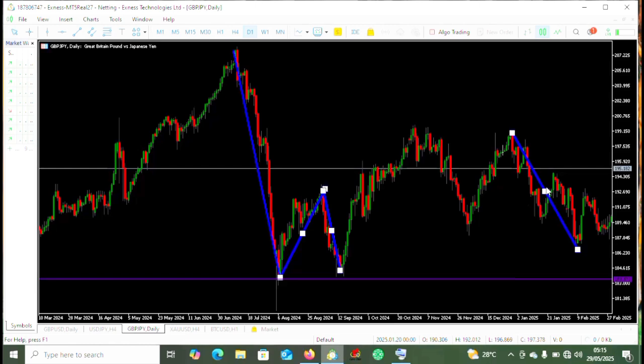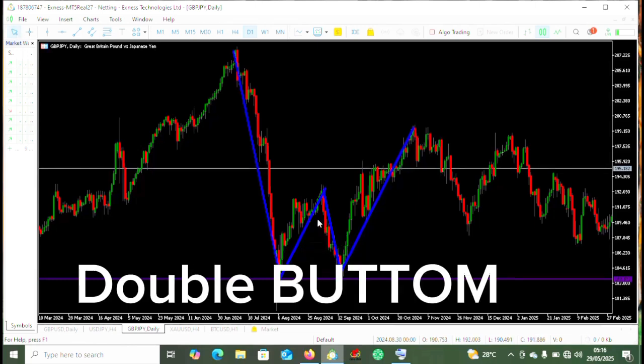So start spotting them from your daily time frame down to 1 hour. When the market reverses, you should have made at least over 200 pips. It's sure to go with.